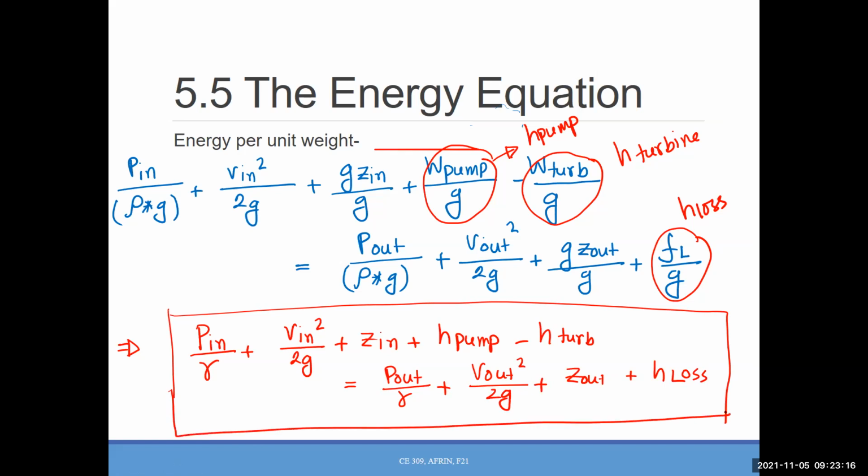So that is the equation for incompressible steady flow.